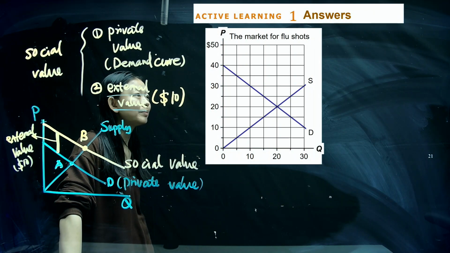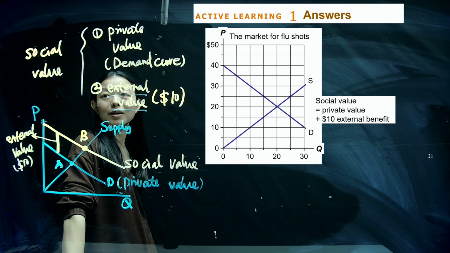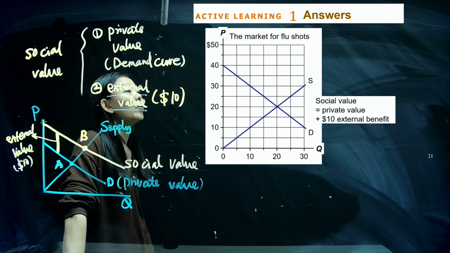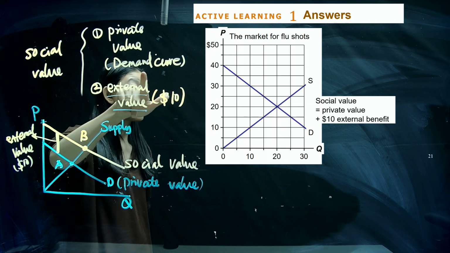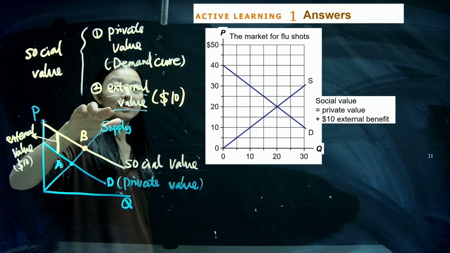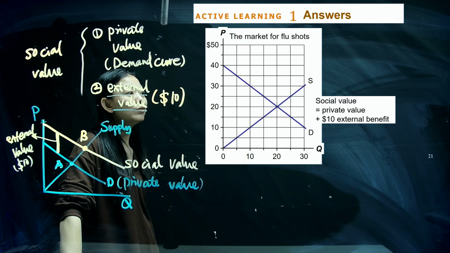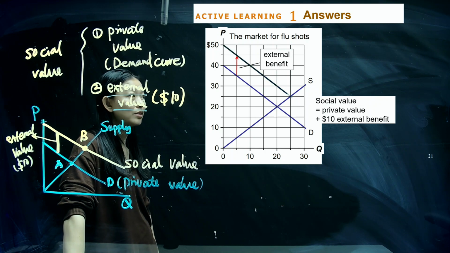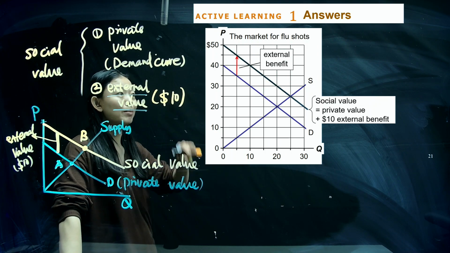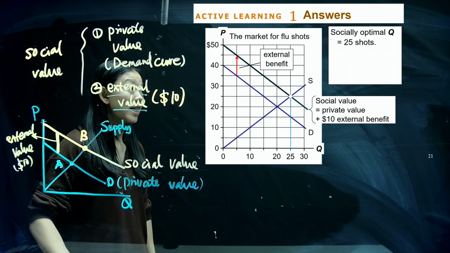So let's see. With the positive externality, the social value will equal private value, which is our demand curve, plus $10 as the external value. So it will move this demand curve upwards vertically by $10. So we have the external benefits, which will equal $10.